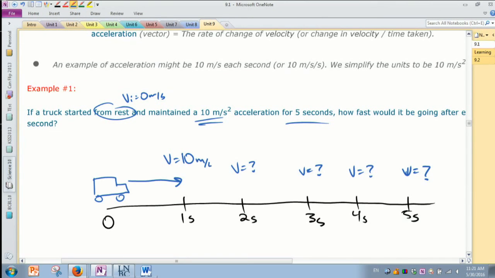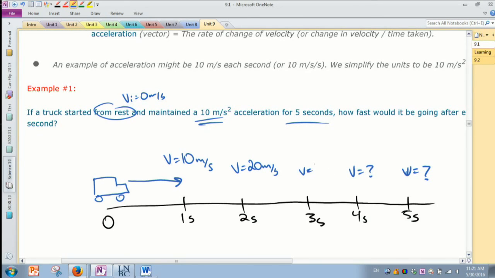I'm going 10 meters per second. All right, what about a second later? I started at 0, now I'm going 10. Every second I'm increasing my speed by another 10. So at 2 seconds, how fast am I going? I'd be going 20.